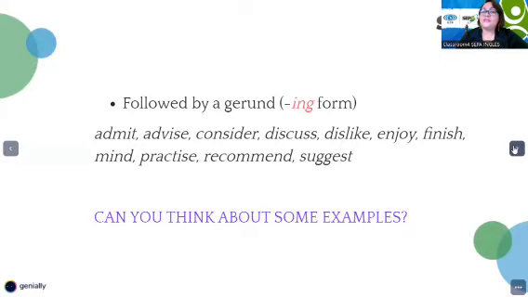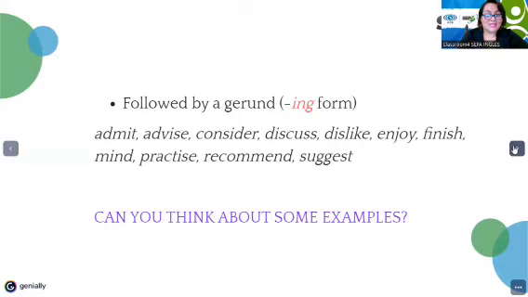Followed by a gerund, ing form: admit, advise, consider, discuss, dislike, enjoy, finish, mind, practice, recommend, suggest.